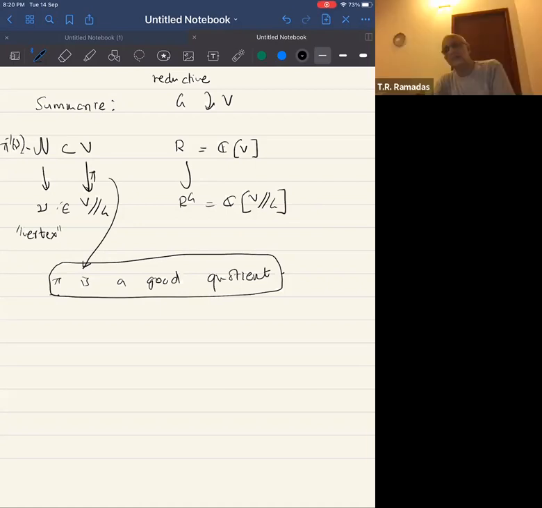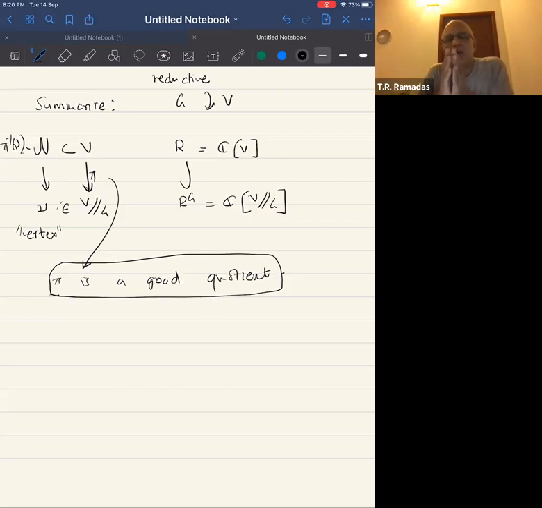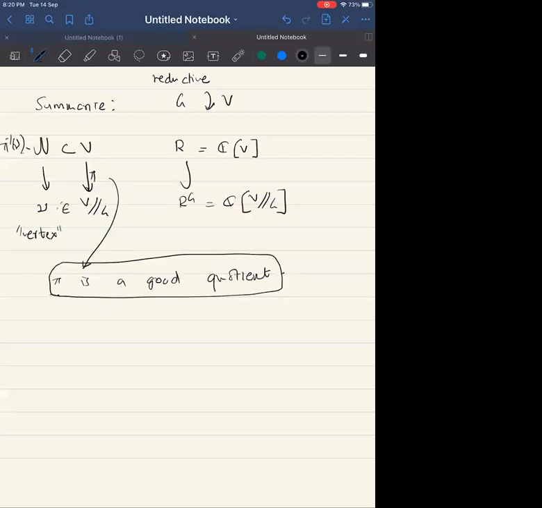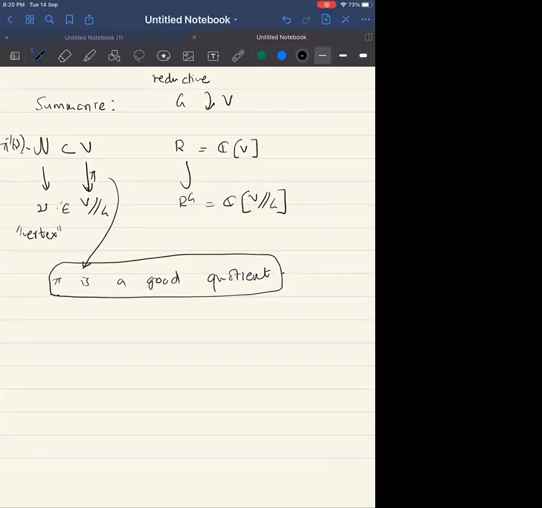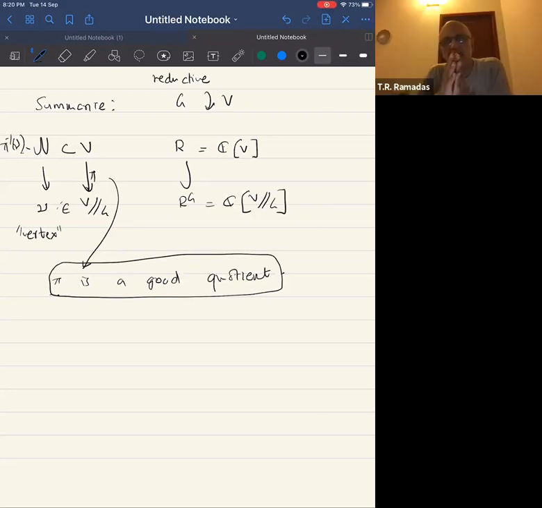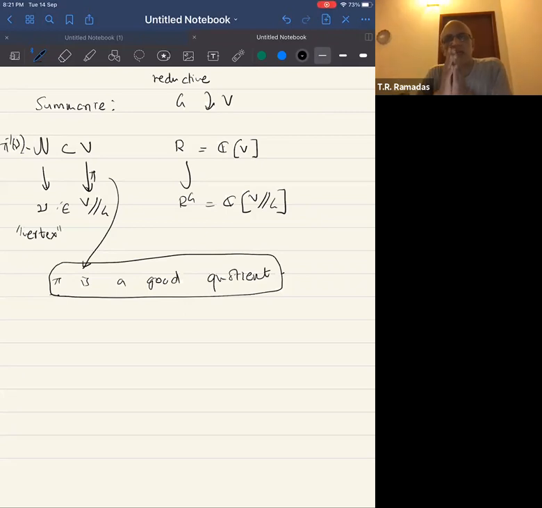So since we don't want to get lost in the thicket of notation, R consists of all polynomial functions on the vector space V. RG consists of invariant polynomial functions. Remember that constants are always invariant. They're kind of non-interesting. But now if I take polynomial functions with no constant term, these are the polynomial functions that vanish at the origin of V. You can look at invariant polynomial functions on V of this kind, which vanish at the origin.